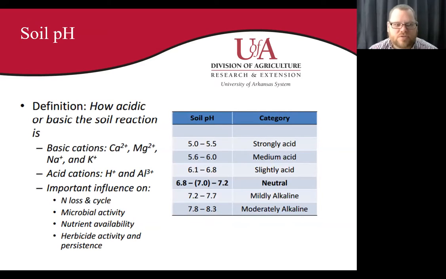pH is one of those things that I also highlight anytime I get a soil sample, because pH is really important, and we'll talk about that as we go through. Basically pH is potential hydrogen, and you've got the scale over on the right-hand side from a 5 all the way to the bottom of about an 8.3. So we see where we're at. Here in Pike County, I get a lot of soils that are on the strongly acidic side, even lower than a 5.0.